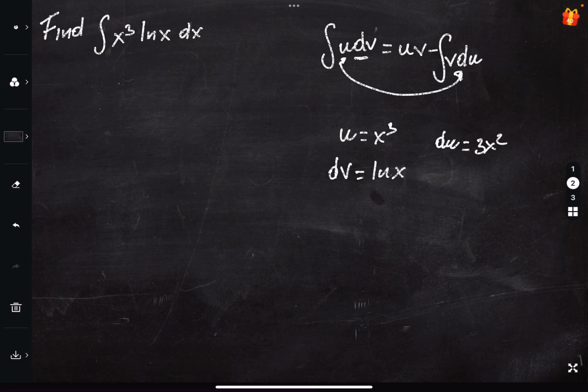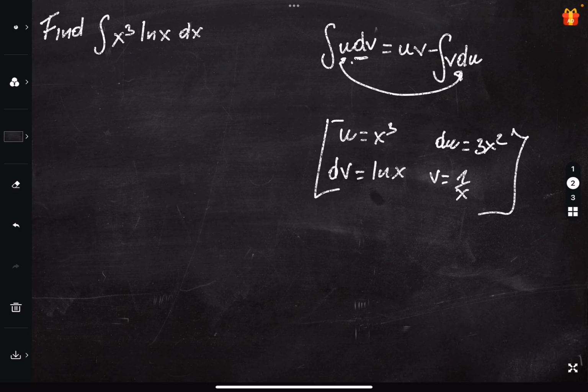And taking the antiderivative of dv, going backward, I end up with v as x to the fourth over 4. With this information, I can easily substitute all of those components into the formula to solve this problem.